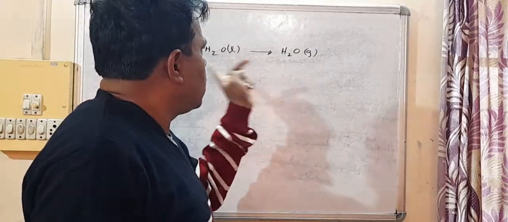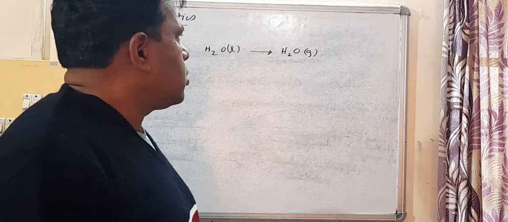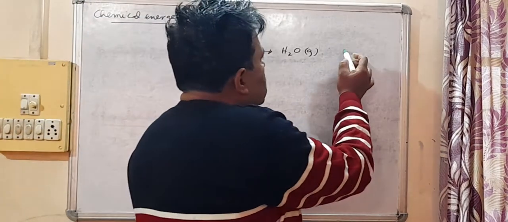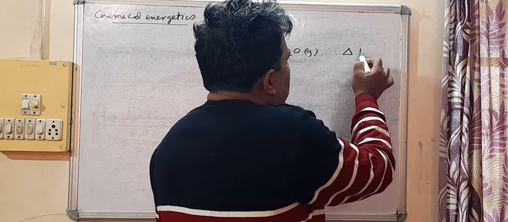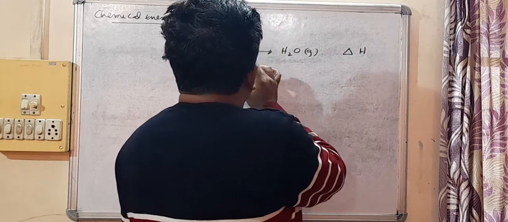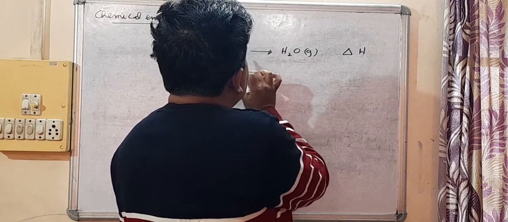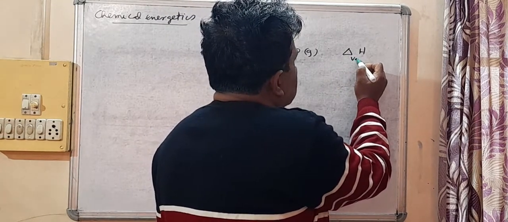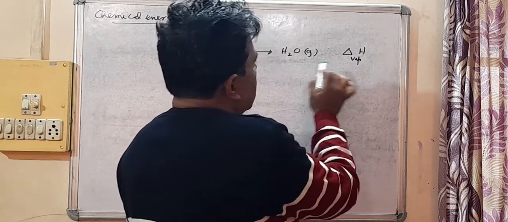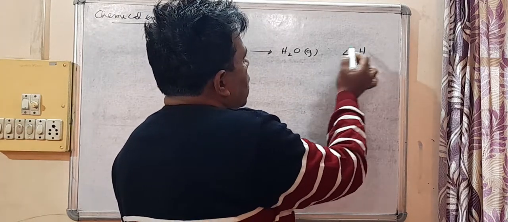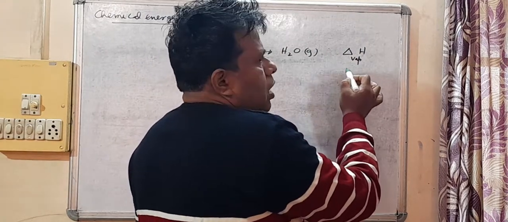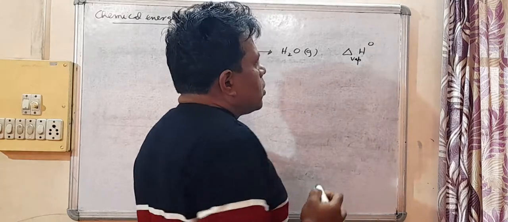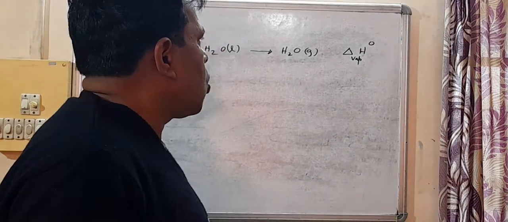So this is a phase change, and for this we will have enthalpy of, what process is this? Vaporization. So we can write enthalpy of vaporization, and if it is taking place in standard state, this is delta H vaporization naught.